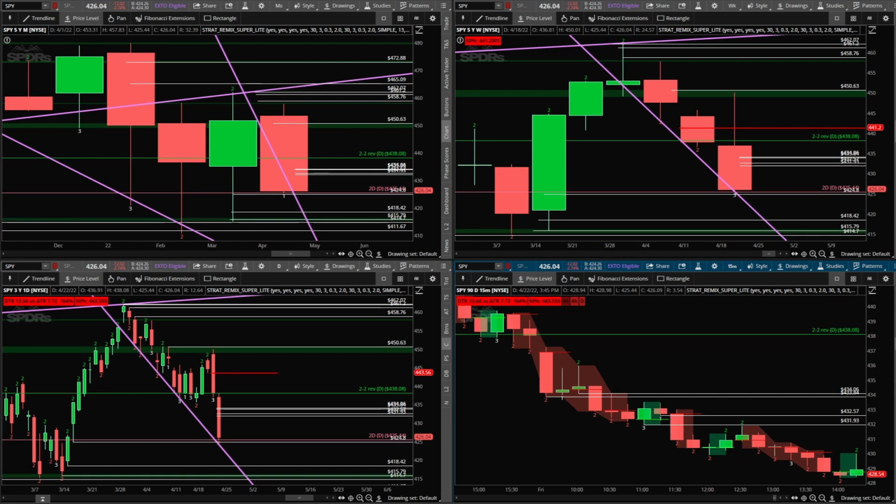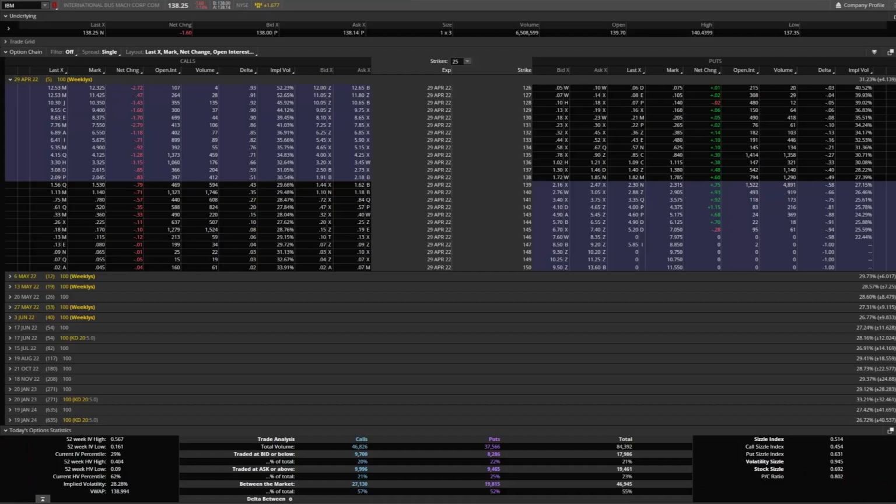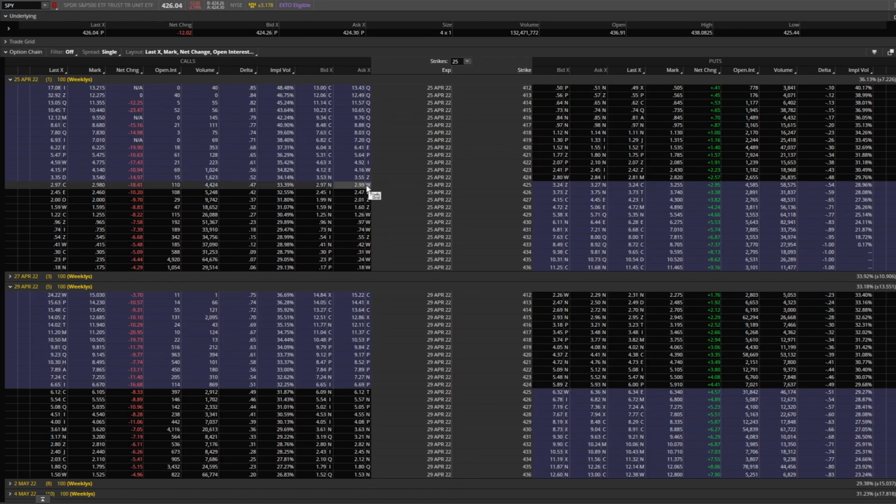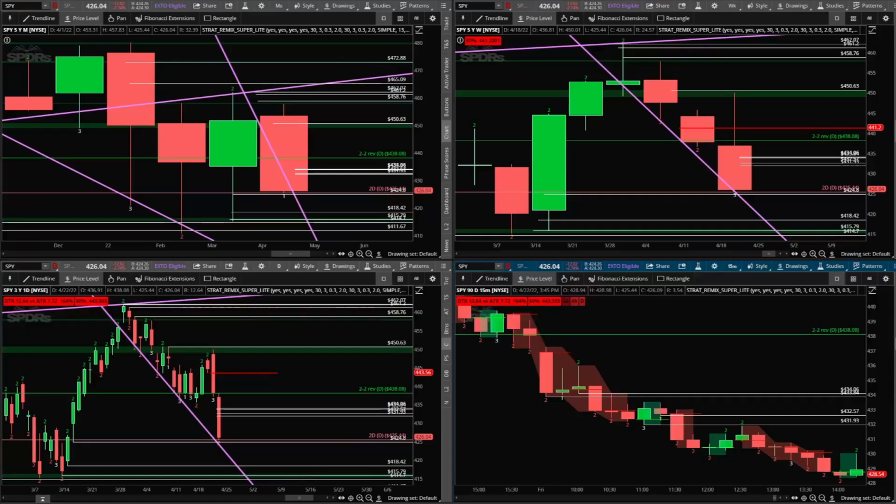So if I'm buying a contract priced at $1, I'm comfortable losing, let's say, 20%. So I immediately set my stop loss at 80 or 0.8.